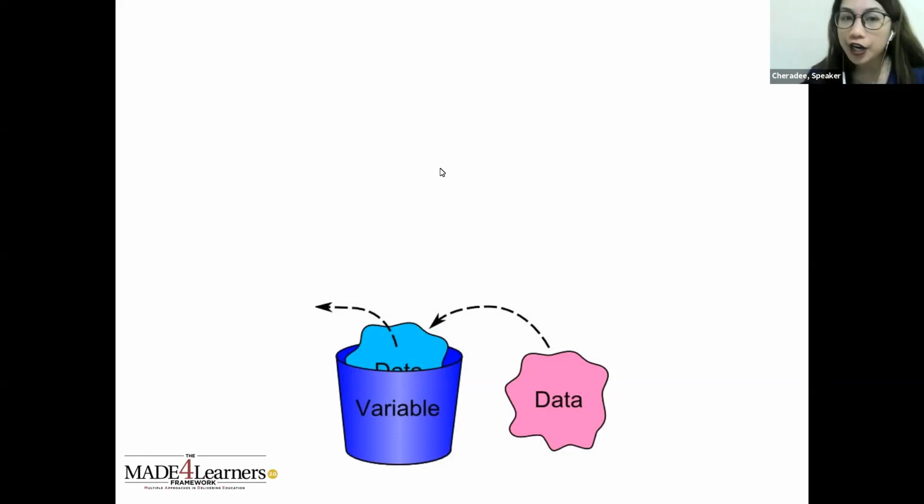Okay? But variable, on the other hand, changes from time to time. So for example, age of students. Of course, age of students in terms of averaging, it changes depending on the number of samples you have, the students that you are actually gathering, the students that you have collected the data with.